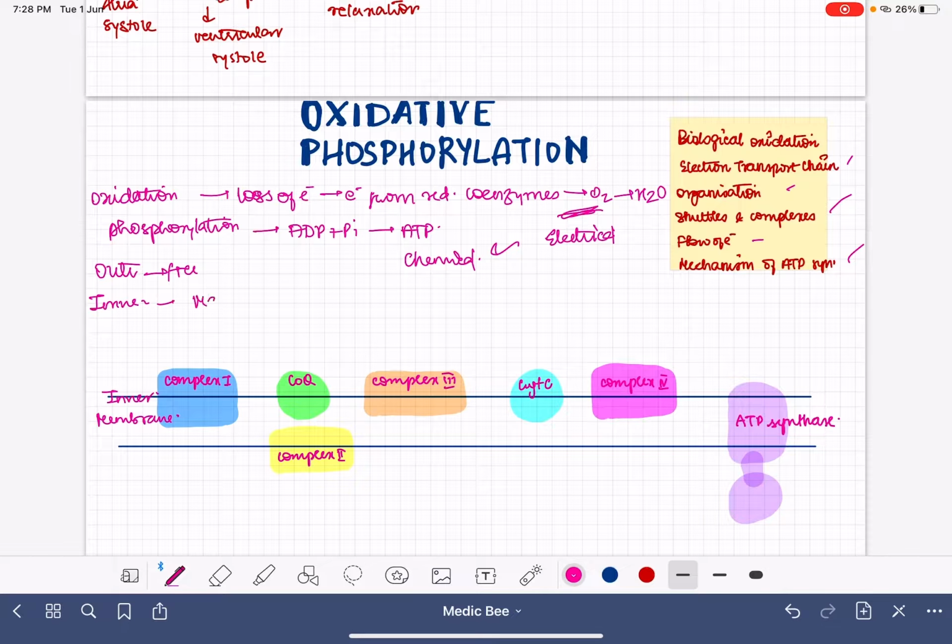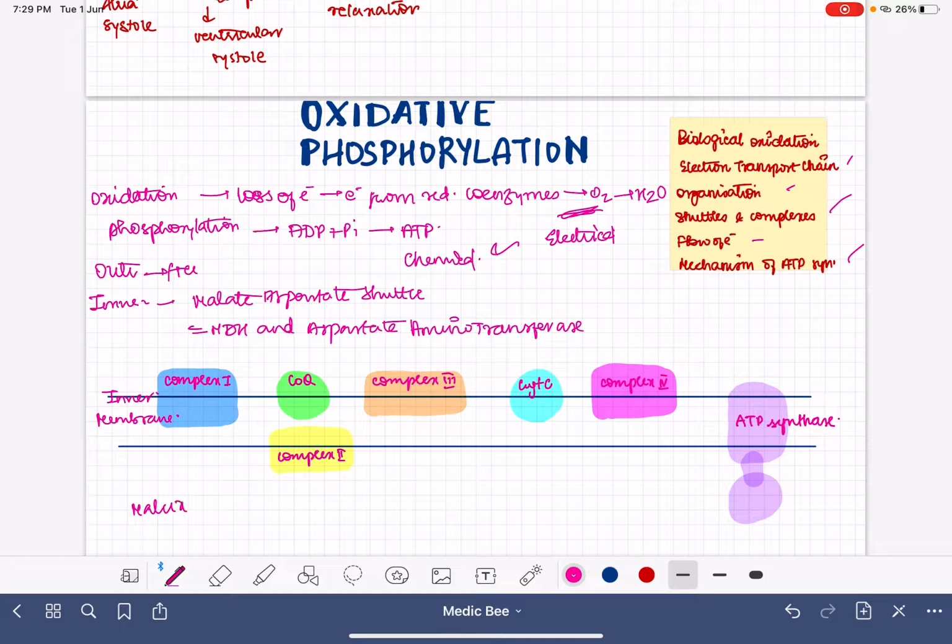This is achieved through the malate aspartate shuttle. The malate aspartate shuttle works through two enzymes, malate dehydrogenase and aspartate aminotransferase. These two enzymes work together to transfer the NADH produced in the cytosol into the matrix.